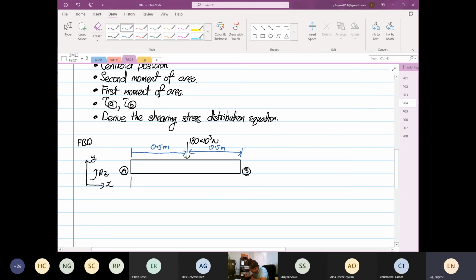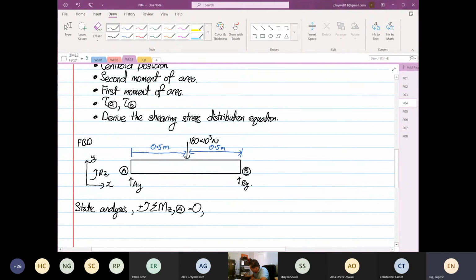and also from here to here is 0.5 meters. Okay, so this is your AY, and this is your BY. Okay, so we can perform static analysis. Summation of moment in the Z direction, and we're going to take moment from point A is equal to 0.